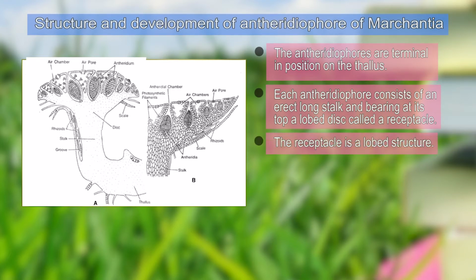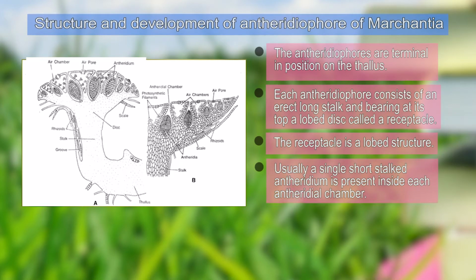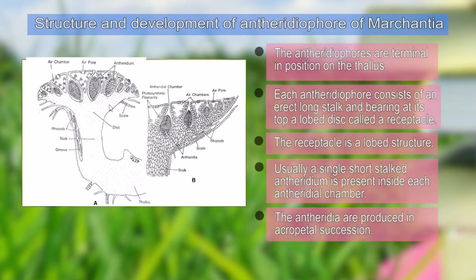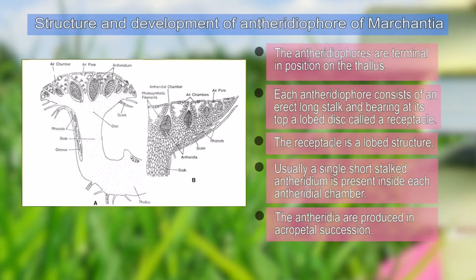The receptacle is a lobed structure. Usually a single short-stalked antheridium is present inside each antheridial chamber. The antheridia are present on this receptacle in acropetal succession. Acropetal means the younger ones are towards the apex while the matured antheridia occur in the center.